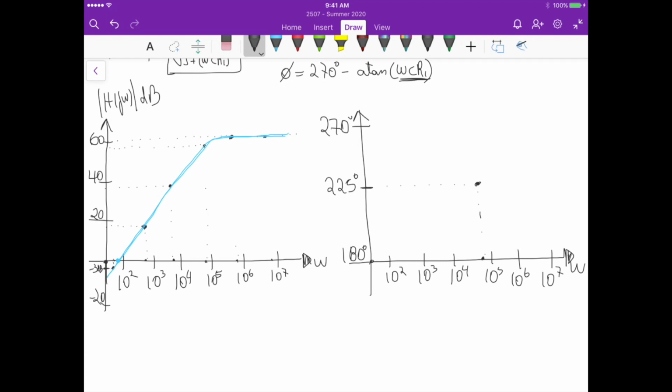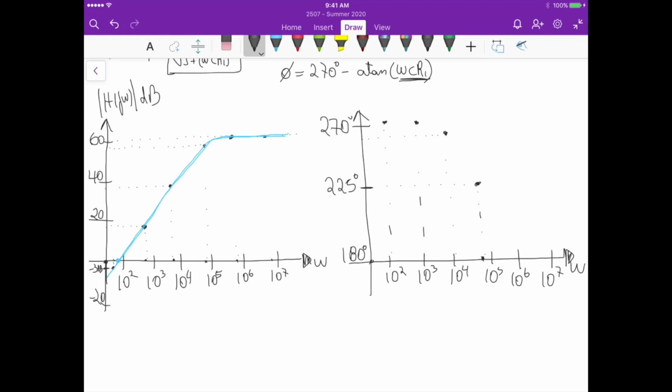So exactly here at around this frequency, we have this arctangent of 1, so it's 270 minus 45, right? Around here, 10 to the 4, we have something that is 250 to 260 something, so it's around this region. And then here we start to approach 270 degrees, right here.